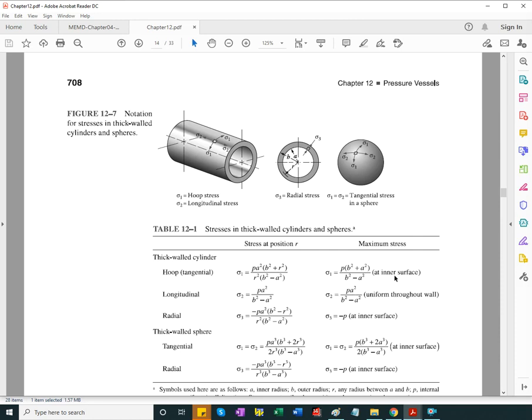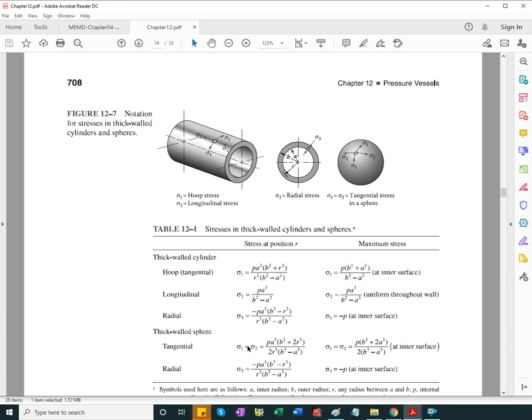And then the maximum stress for hoop stress, in case of a thick wall cylinder, is to the inside surface. Remember that figure, or diagram, with the parabolic distribution of stress presented earlier. Parabolic, why? Because we have power 2 here.